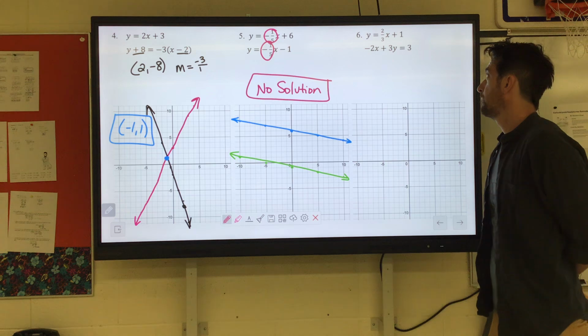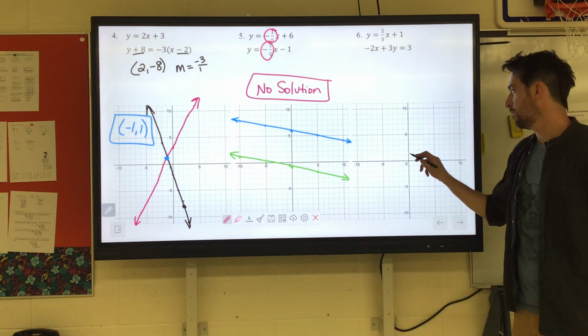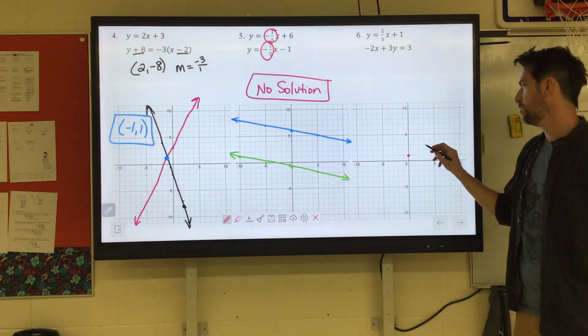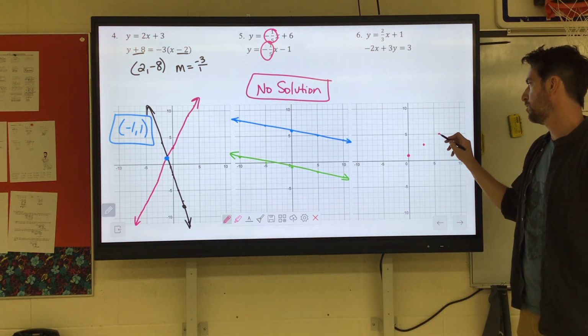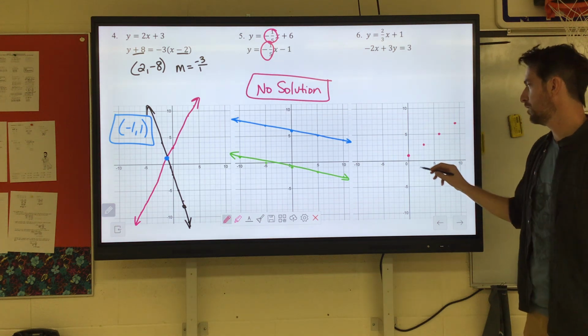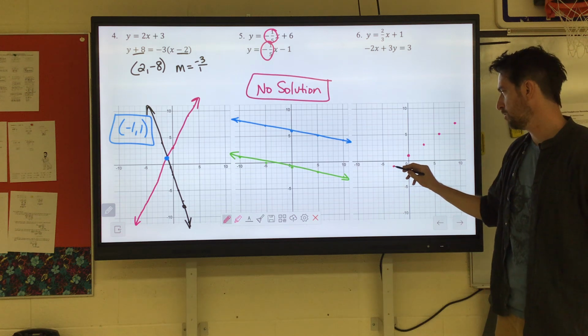All right, last one. 2/3 x plus 1. You start at 1. You go up 2 over 3. You could go down 2, left 3 as well.